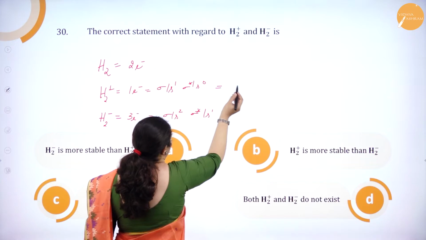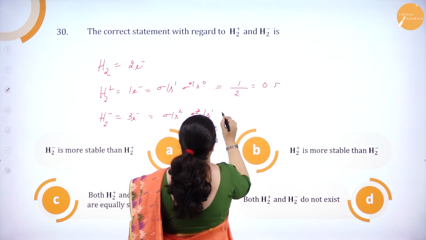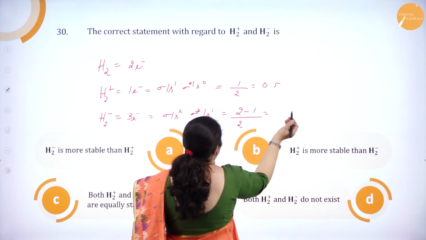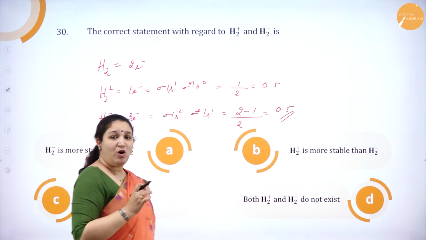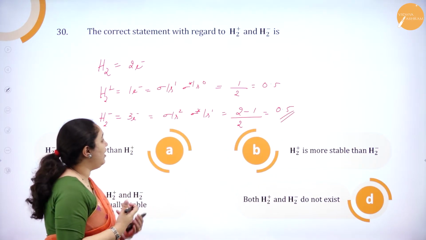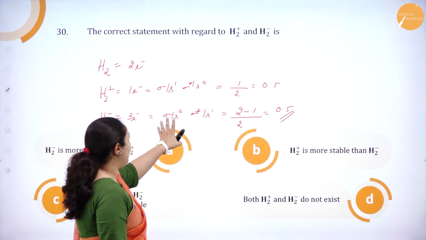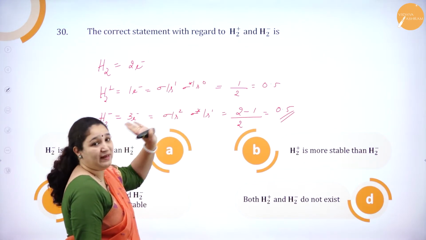If I calculate the bond order here, it is 1 by 2, it's 0.5, and here it is 2 minus 1 by 2, so it is again 0.5. So bond order is the same for both. Then how can I tell the stability? You see here the antibonding molecular orbital has 1 electron, here no electron at all.